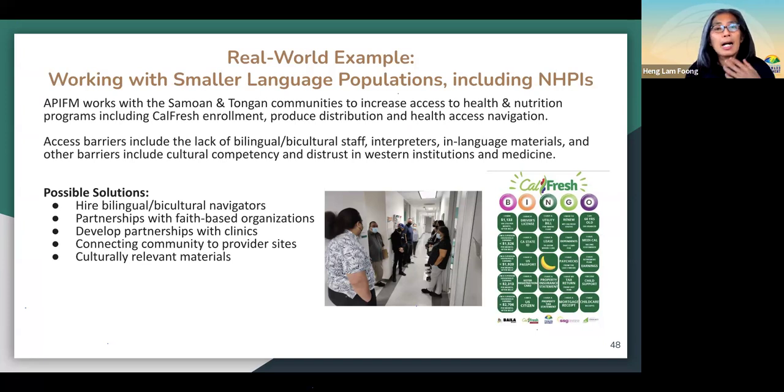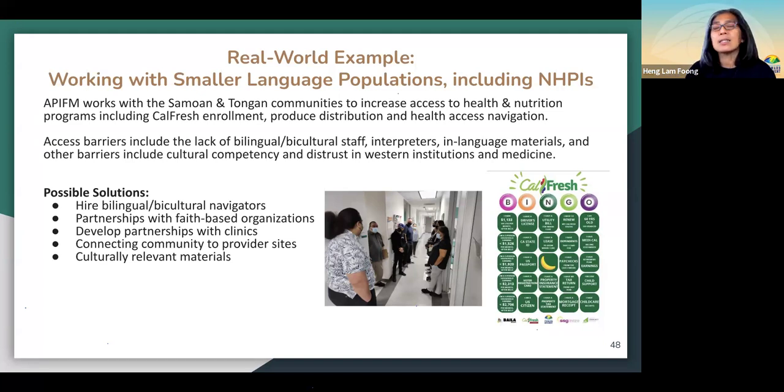So we hired bilingual, bicultural navigators or community health workers. We needed to develop in-language materials and also address some cultural competency and distrust that the community has for Western institutions and medicine.